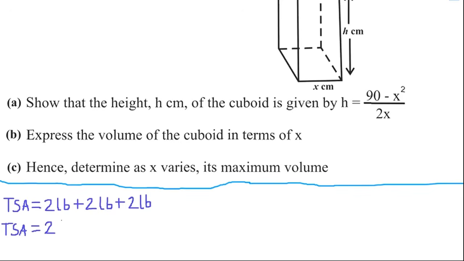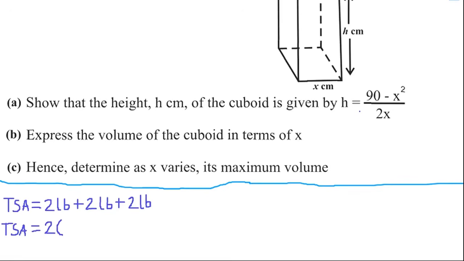So the first part that we have is x. We are given in the statement that the base is a square. So if it is a cuboid and the base is a square, it means that up there we also have a square. So in this case, we are going to have 2L times B, and then we have to identify those. We have x in a square. All sides are equal.